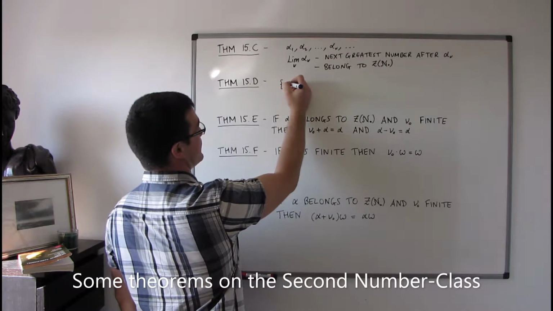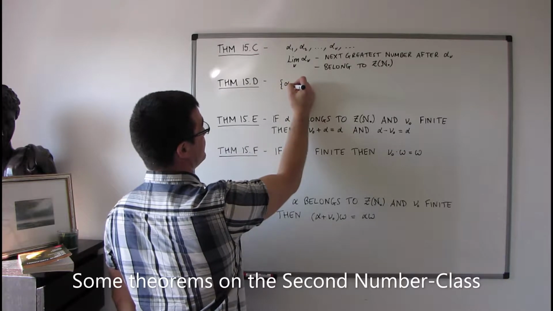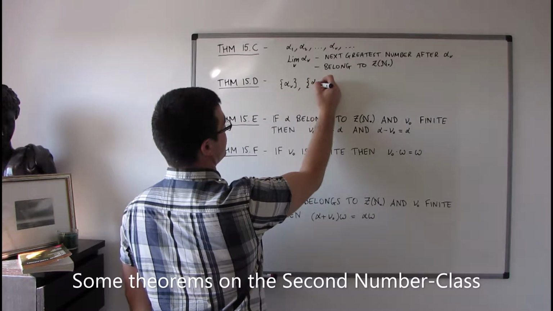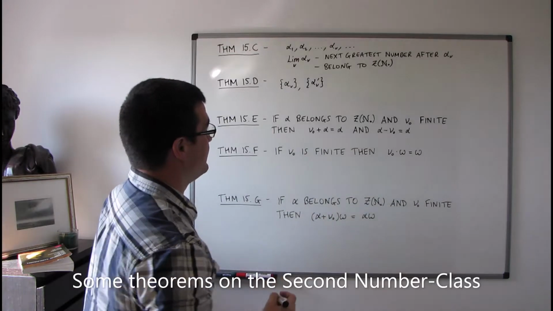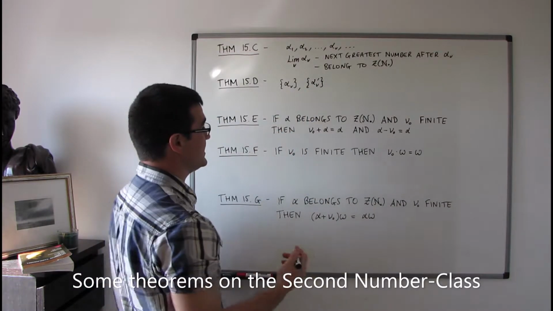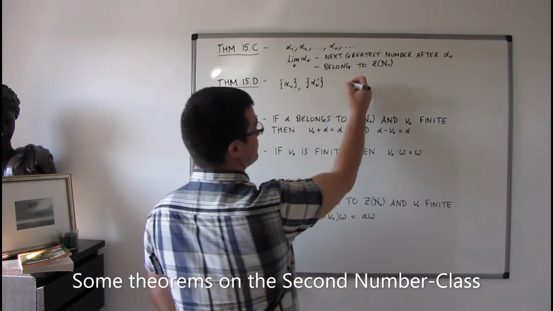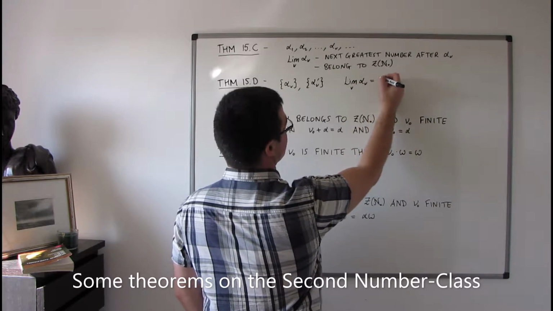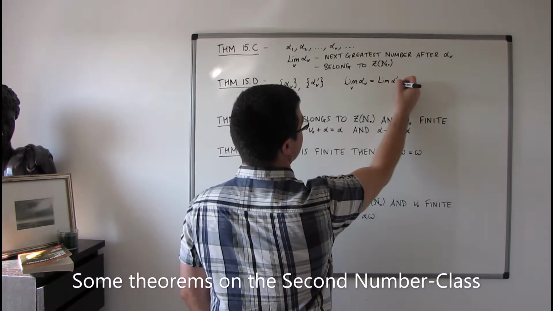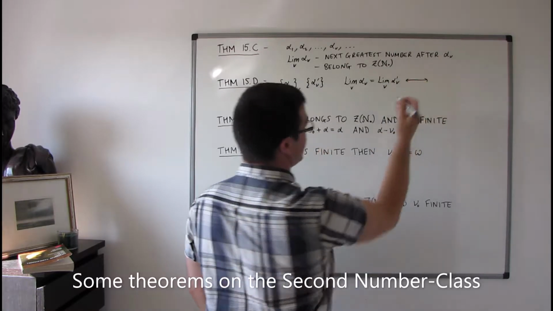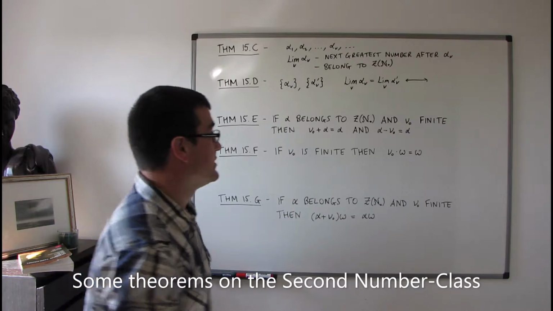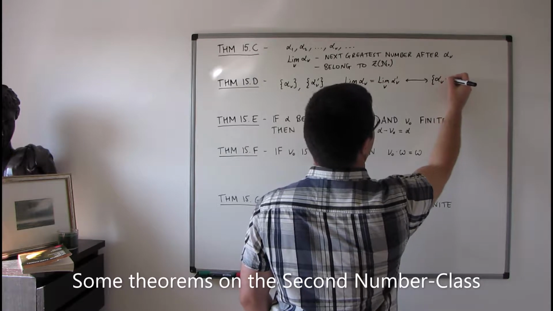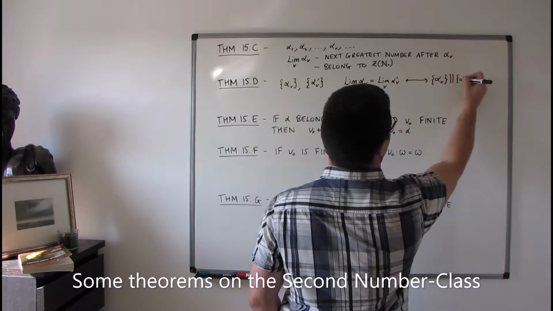So if I've got two fundamental series of ordinal numbers, alpha nu and alpha primed nu, then the limit of alpha nu is going to be equal to the limit of alpha primed nu if and only if these fundamental series are actually coherent, alpha nu is coherent with alpha primed nu.